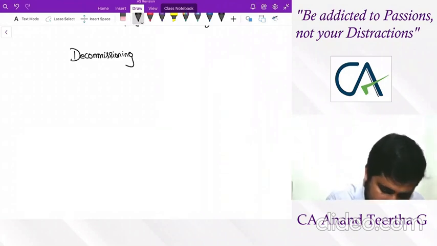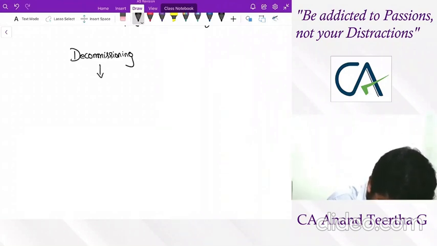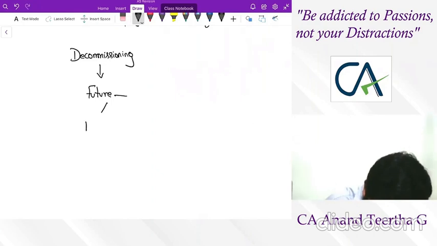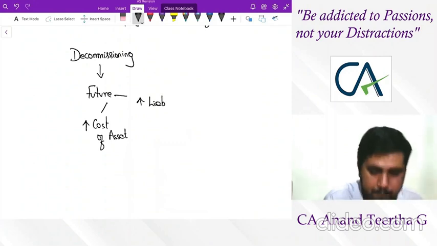So when it comes to decommissioning, if it relates to future, at that time, 2 effects will be done. You will increase the cost of asset. At the same time, you will create a liability. So increase a liability.